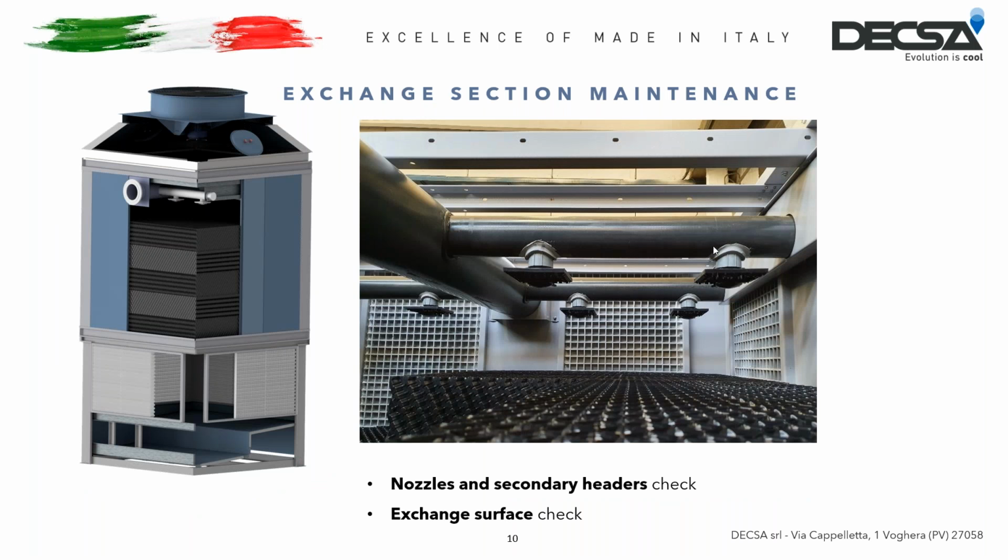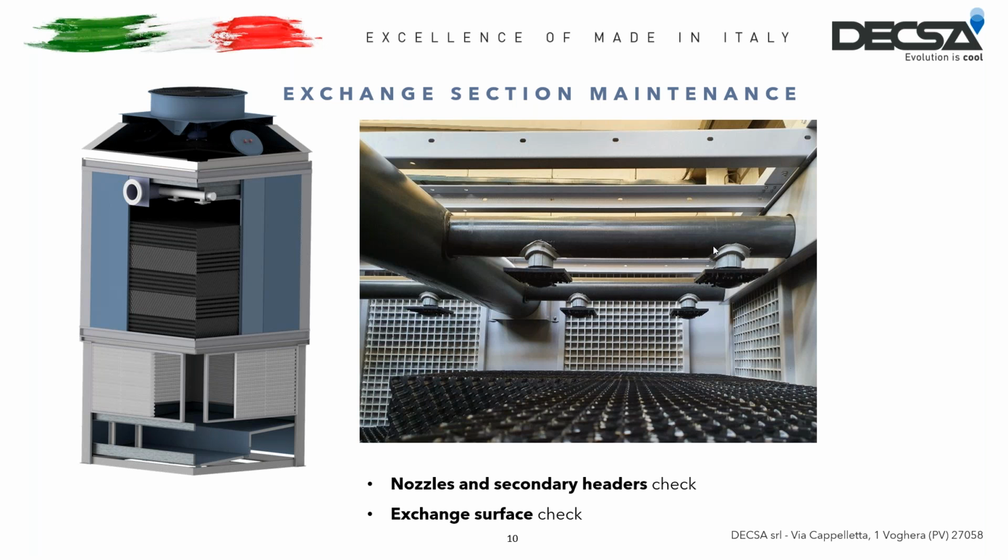Once the panels have been removed, it's possible to check the situation of the distribution system. That is, to verify that the water sprayed by the nozzles uniformly covers the entire surface of the filling, and also that the fill itself doesn't show signs of dirt or clogging, another condition that may arise as a result of improper water treatment.